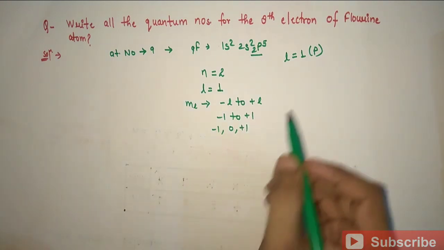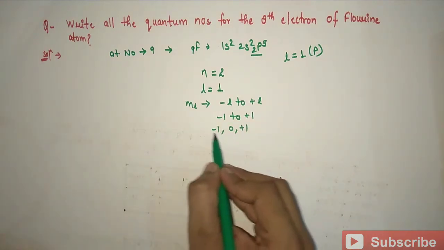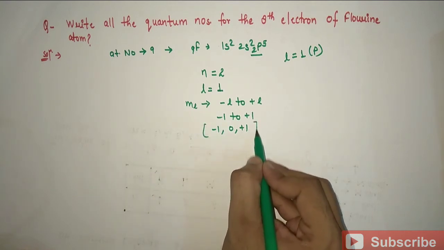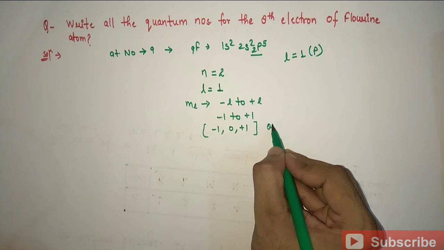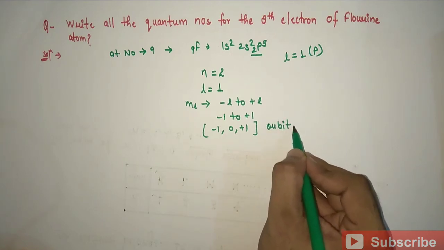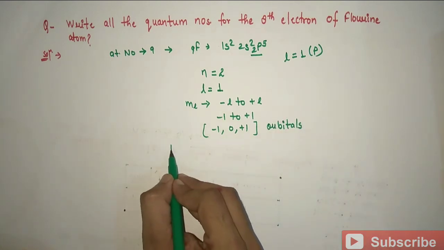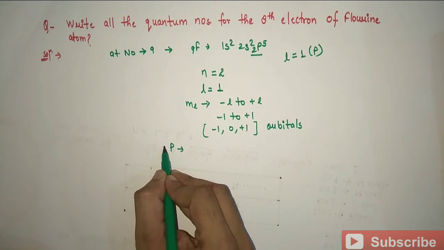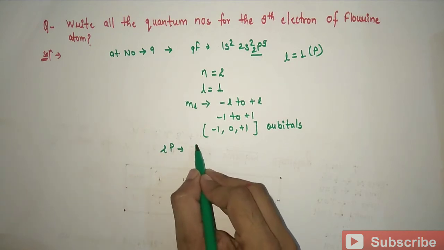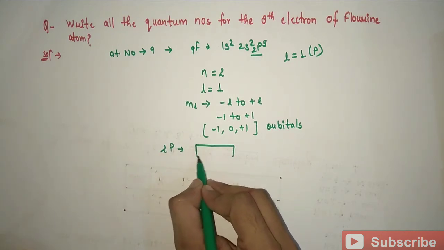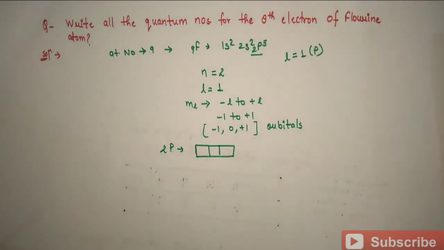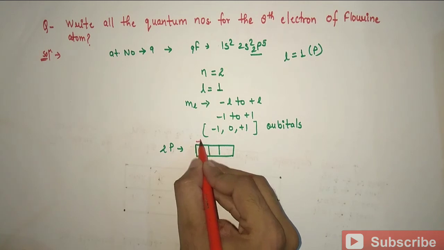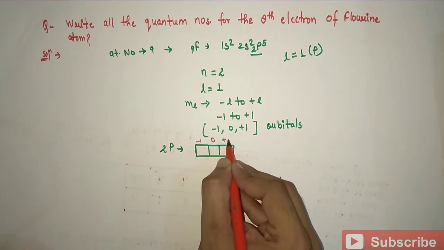Since the p subshell has 3 values of m, and the magnetic quantum number determines the orbital, it can have 3 orbitals. We are talking about the 2p, so this is minus 1, this is 0, this is plus 1.